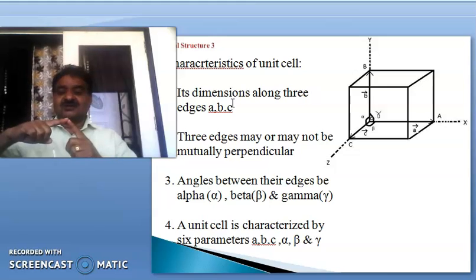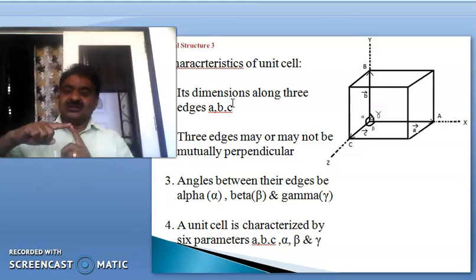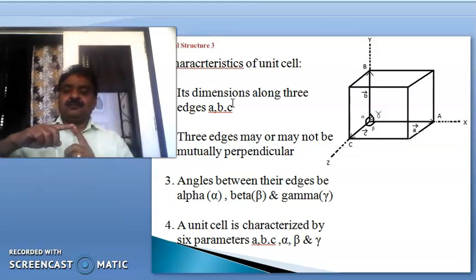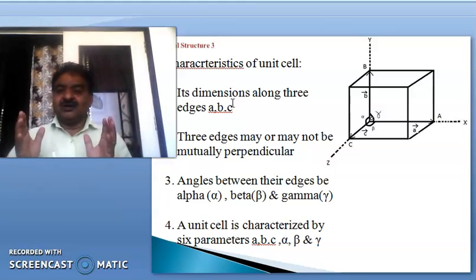The three edges may or may not be mutually perpendicular to each other, in the sense the angles between them may or may not be equal to 90 degrees.